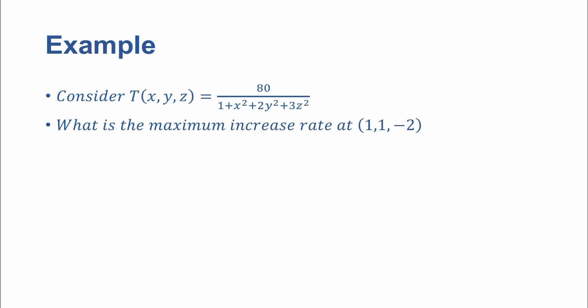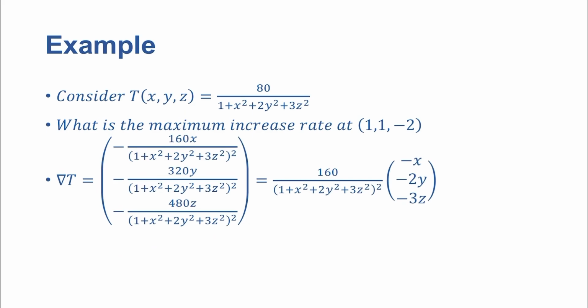First we want to find the gradient of our temperature function. To do that, we take partial derivatives with respect to x, y, and z. This requires a chain rule or substitution for each partial derivative. We get for the first component negative 160x over (1 plus x squared plus 2y squared plus 3z squared) squared.